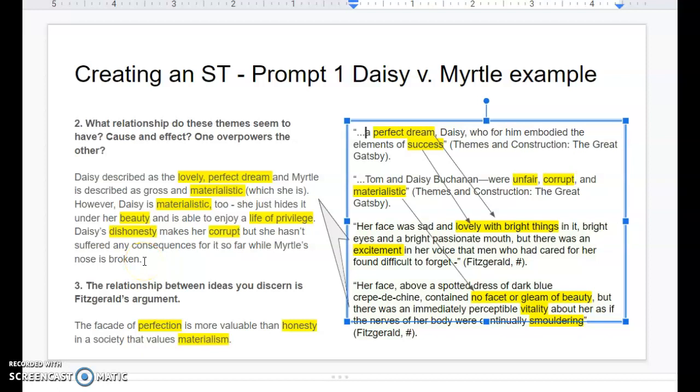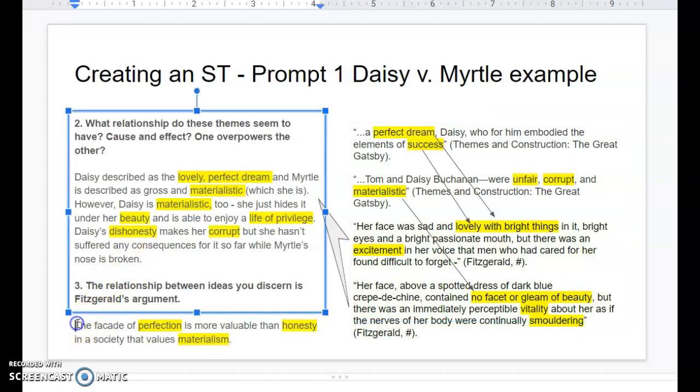The relationship seems to be that Daisy gets to be the perfect dream of success because she's able to look perfect. And society seems to value materialism, but doesn't want to admit it. So they like Daisy because she looks nice, but they don't like Myrtle because she's crass.